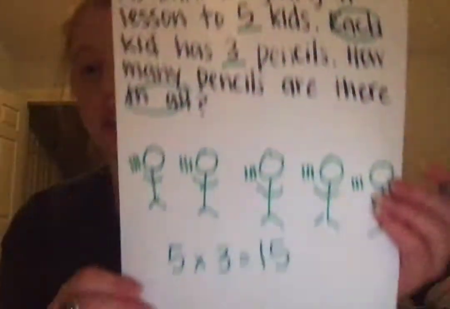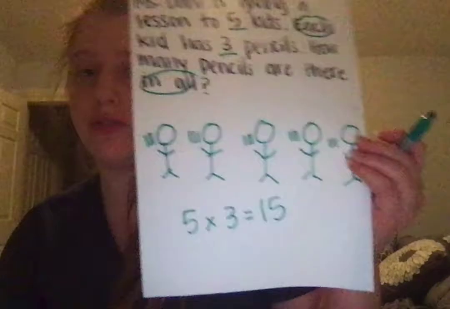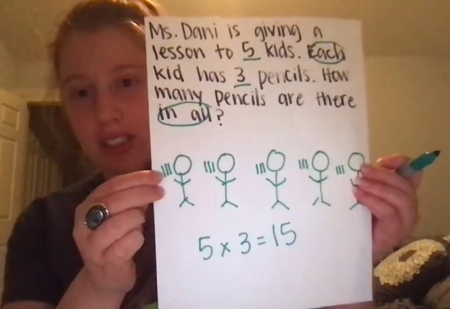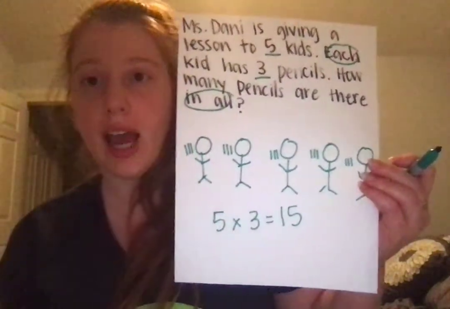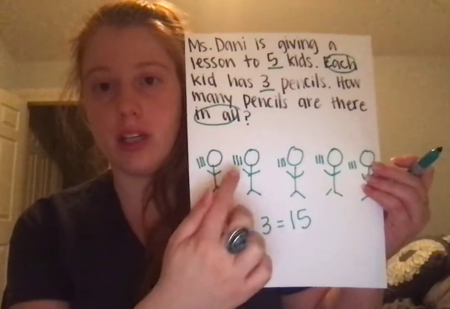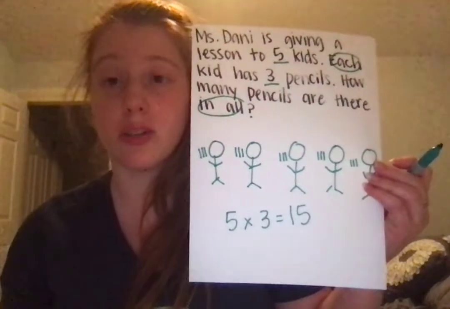All right, so my equation was 5 times 3 equals 15. You guys, I noticed when I was doing this, instead of counting by ones, I noticed that they're in groups of 3, and we've been practicing counting by 3s. So I just counted 3, 6, 9, 12, 15, and got my answer much quicker.